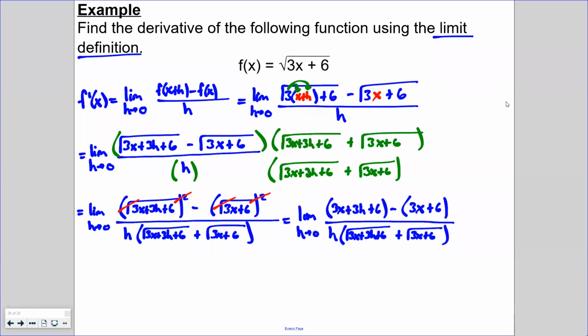All right, then from here we can simplify the numerator by first distributing the negative in. That gives us the limit as h approaches 0 of 3x plus 3h plus 6 minus 3x minus 6 all over h times the square root of 3x plus 3h plus 6 plus the square root of 3x plus 6.